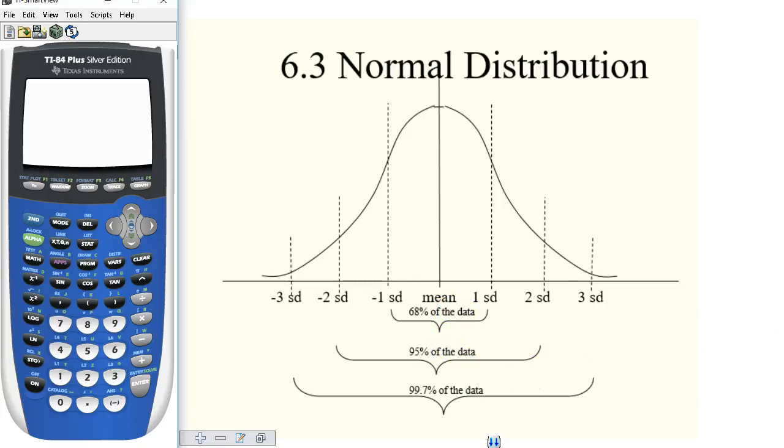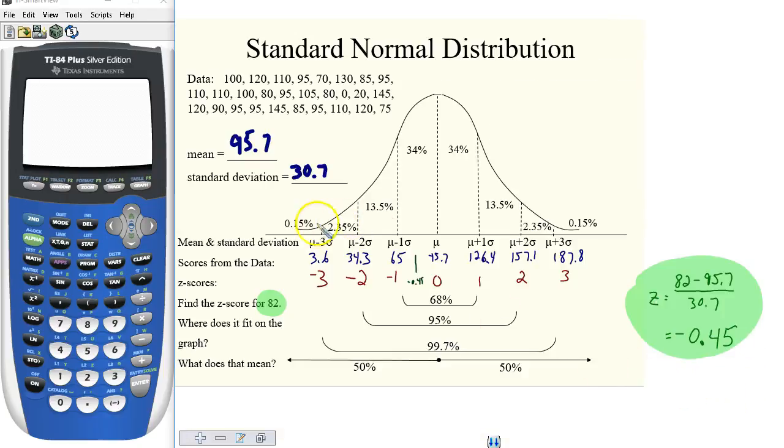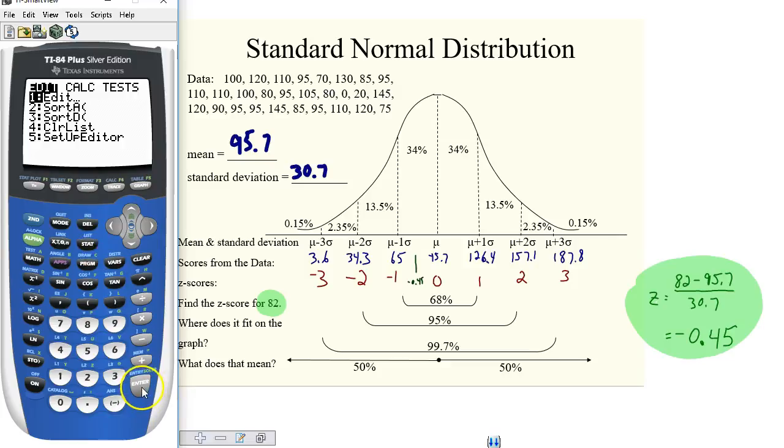We even went further in our notes and began to break that up and look at each of those sections separately and what percent would fall into each section. Having a copy of this might help you when you get to problems where you're using the empirical rule. For example, with our data set here, I hit Stat, Edit, and typed all of those numbers into List 1.